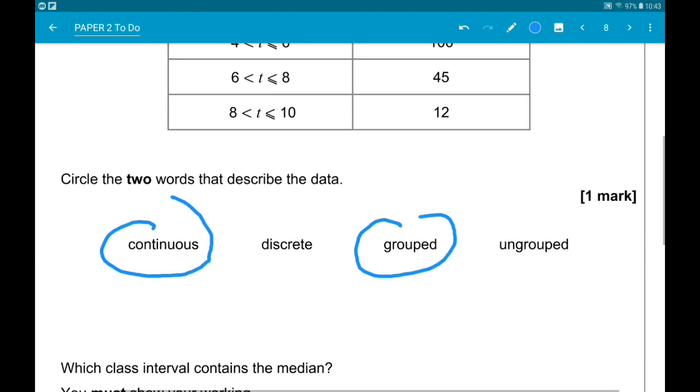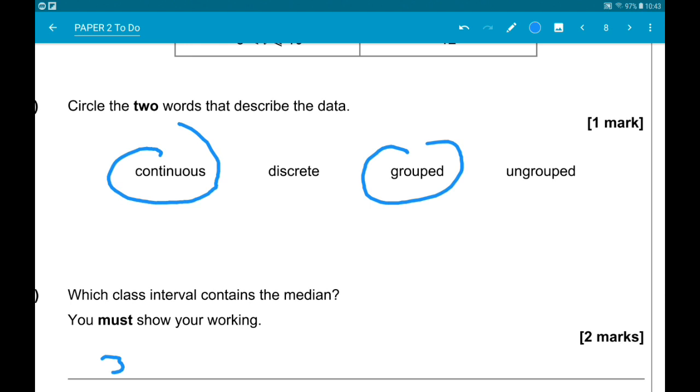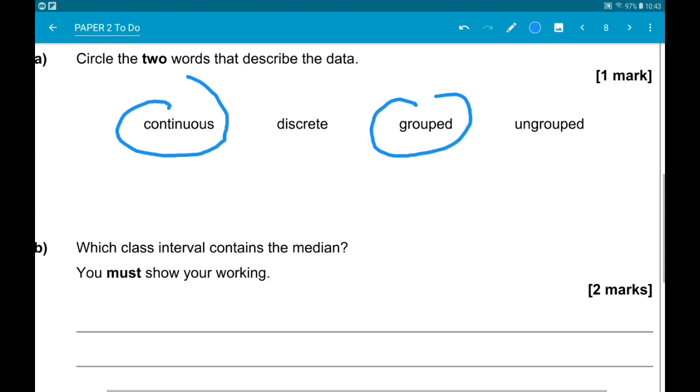Okay, then part B asks which interval contains the median. So the median is the middle. So the first thing we need to do is half the number of matches. Now that gives us 190.